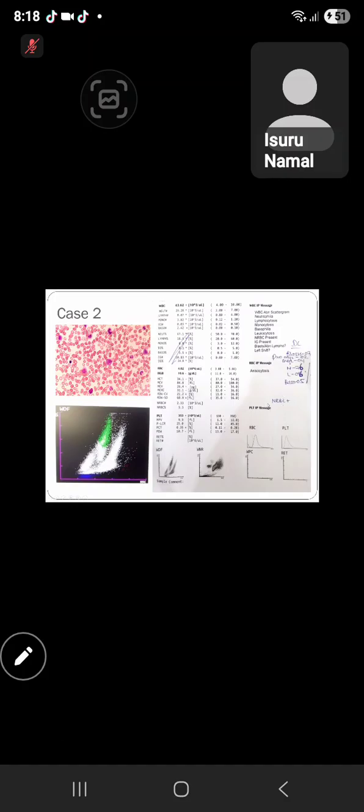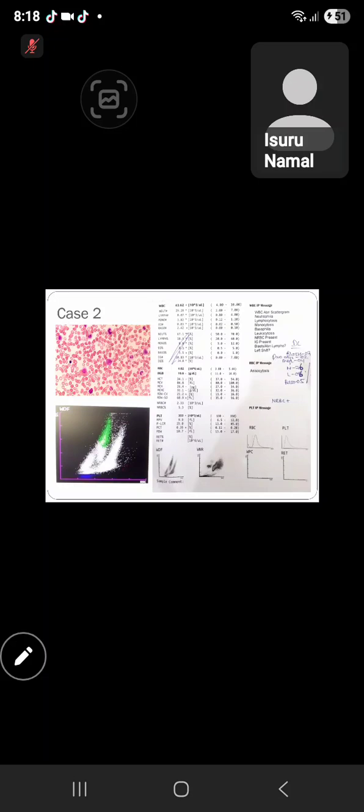A very important feature: NRBC, right? Even though your blood picture shows a small number of blasts, less than 20%, less than 10%, and you observe promyelocytes, myelocytes, neutrophils, lymphocytes, basophils, and eosinophils, that may be evidence for CML or chronic myeloid leukemia.